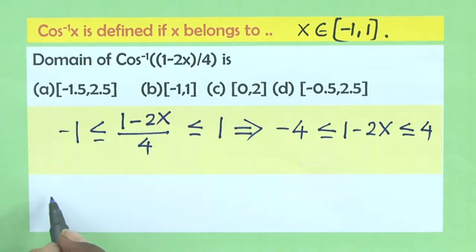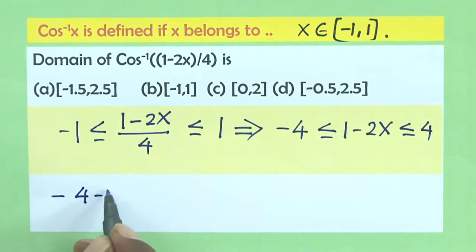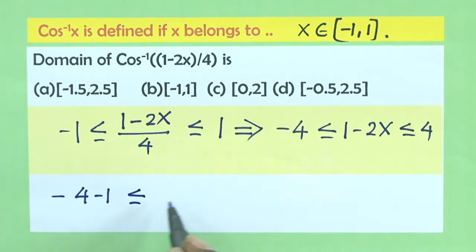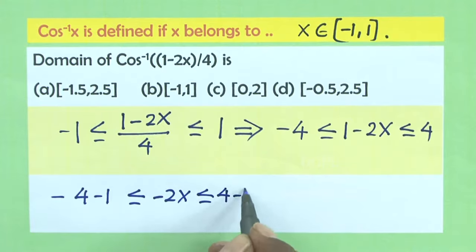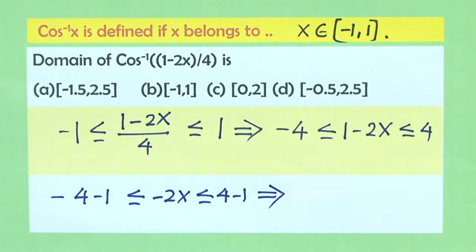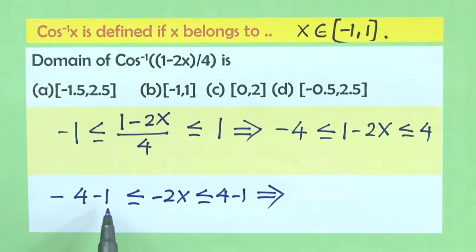Subtract 1: minus 4 minus 1 is less than or equal to minus 2x, which is less than or equal to 4 minus 1. This implies minus 5 is less than or equal to minus 2x, which is less than or equal to 3. Divide by minus 2. What happens?